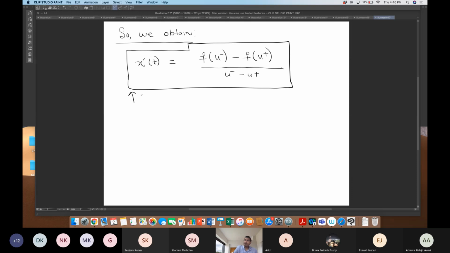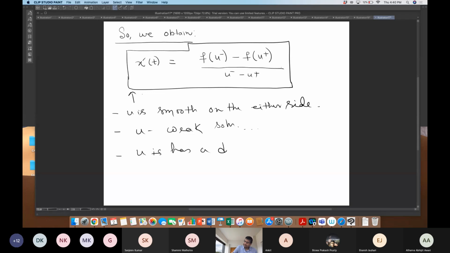Provided u is smooth on either side, and u is a weak solution on the whole plane, and across the curve u has a singularity, a discontinuity.